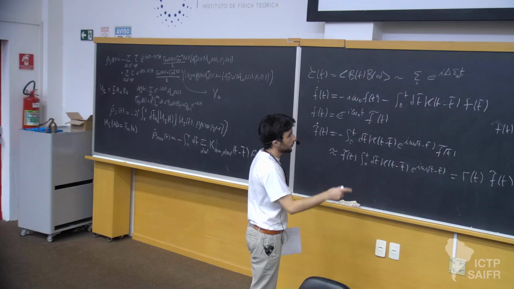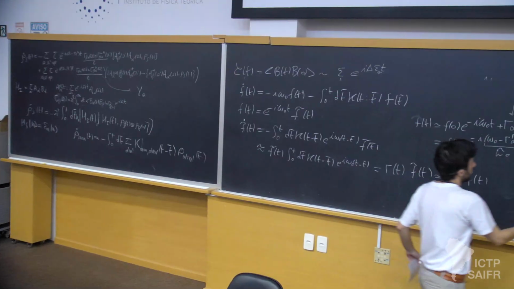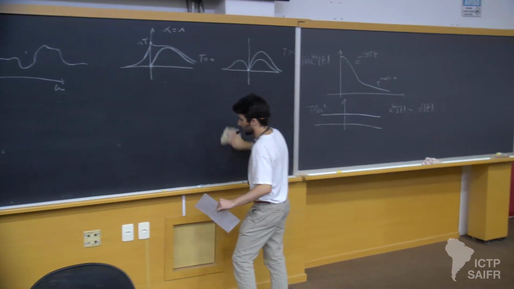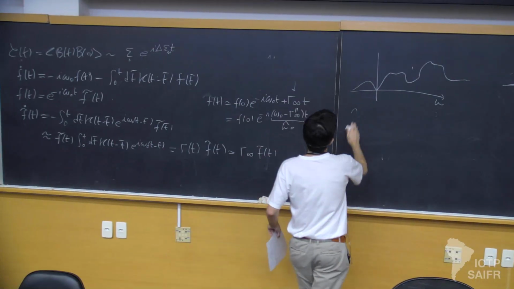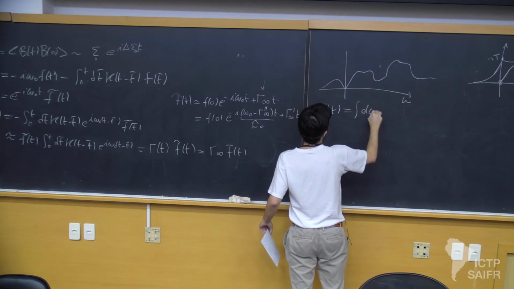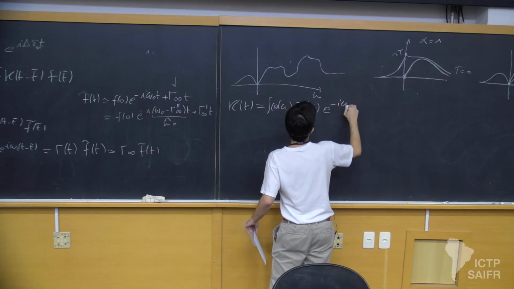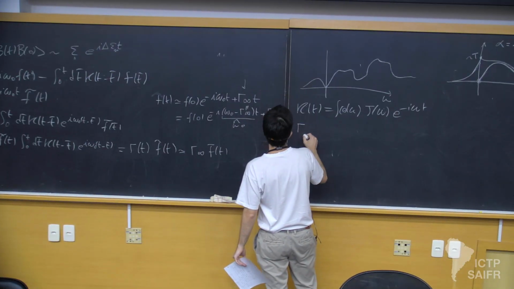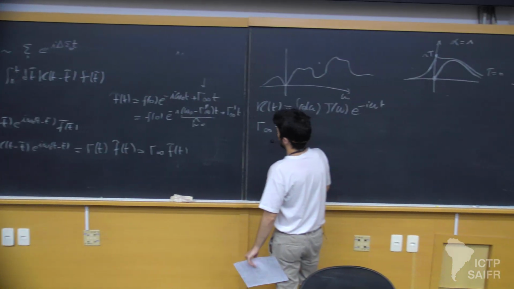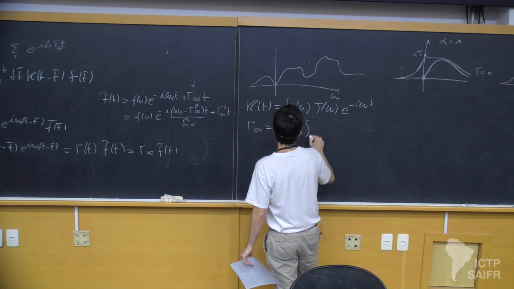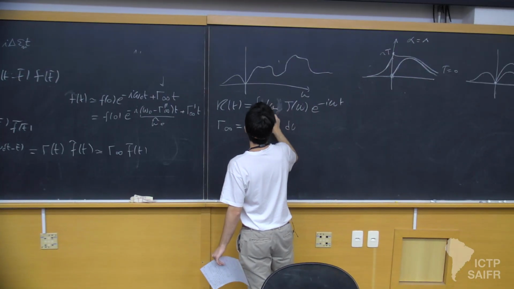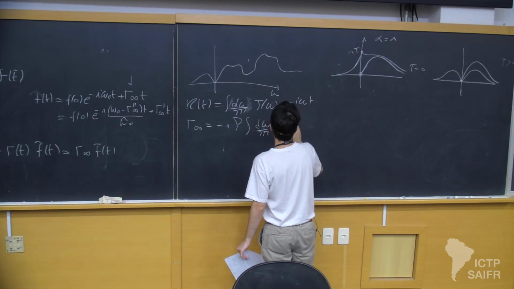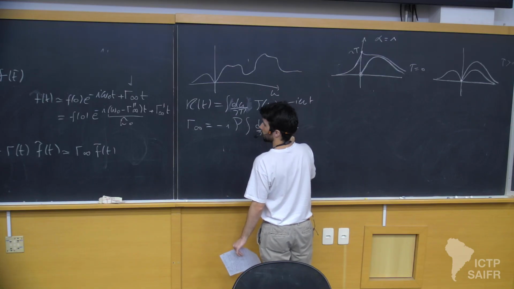And if you assume that this K is given by a Fourier transform of a certain spectral density, then this gamma... Oh, sorry, I'm using a notation which is, yes, this is omega naught.